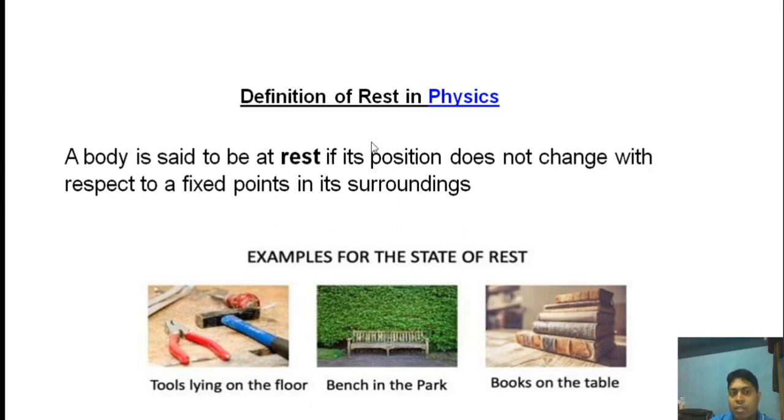Or you can say a body is said to be at rest if its position does not change with respect to time, with reference to the surroundings.